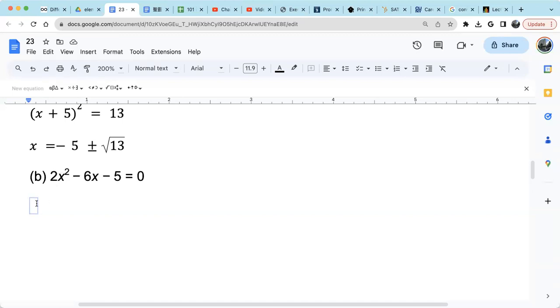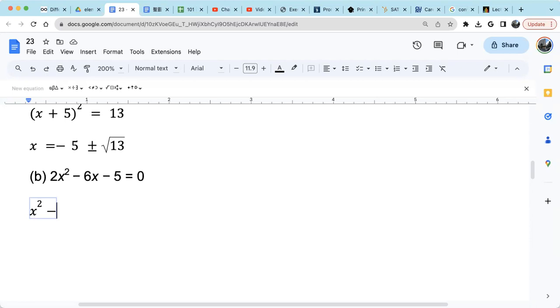So what I'm going to do is divide everything by 2. Because I have an equation, I can always do this. I can divide, add, subtract, or multiply the same number on both sides simultaneously.